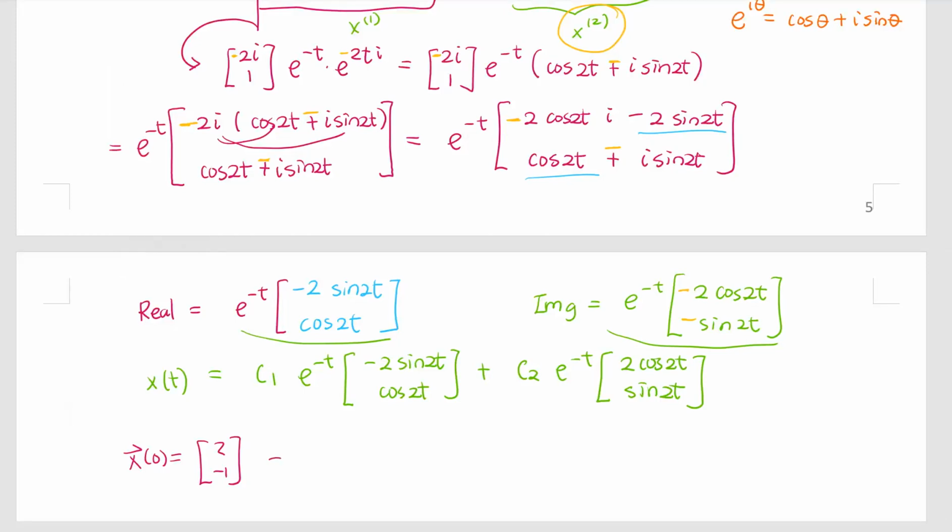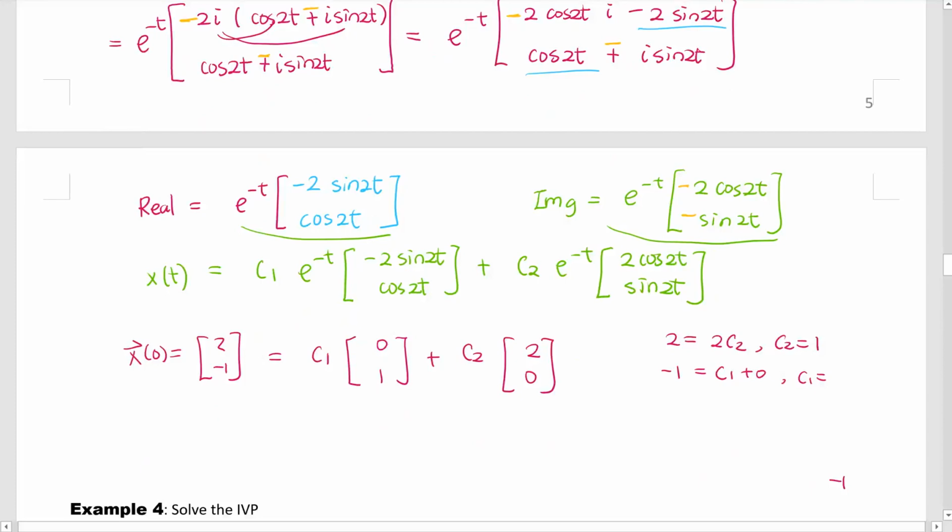When we plug in 0, e to the 0 is 1, sine 0 is 0, and cosine 0 is 1. So 2 times 1 is 2, and sine 0 is 0. Wow. What does that mean? It means 2 is 0 c1 plus 2 c2, so c2 is just 1. Then the second row, -1 is c1 plus 0, so c1 is -1. Oh, so what is our final answer?